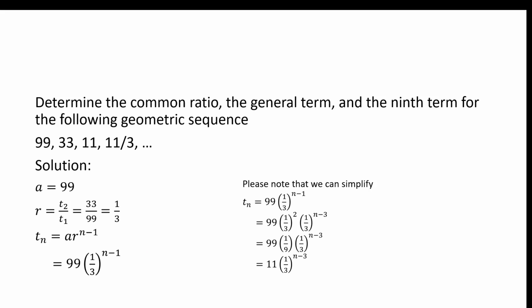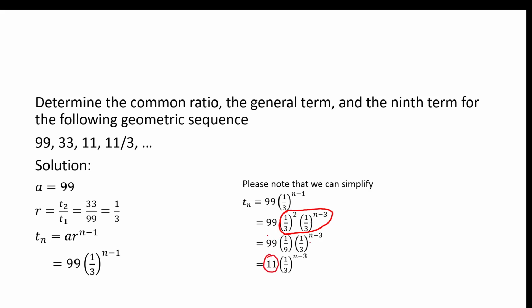So we can actually simplify that. It's not what I would specifically request on a test, but we see that 1/3 to the exponent n minus 1 can be thought of as 1/3 squared times 1/3 to the exponent n minus 3. And that's actually kind of interesting because 1/3 squared is 1/9, and 99 times 1/9 is an integer, 11.